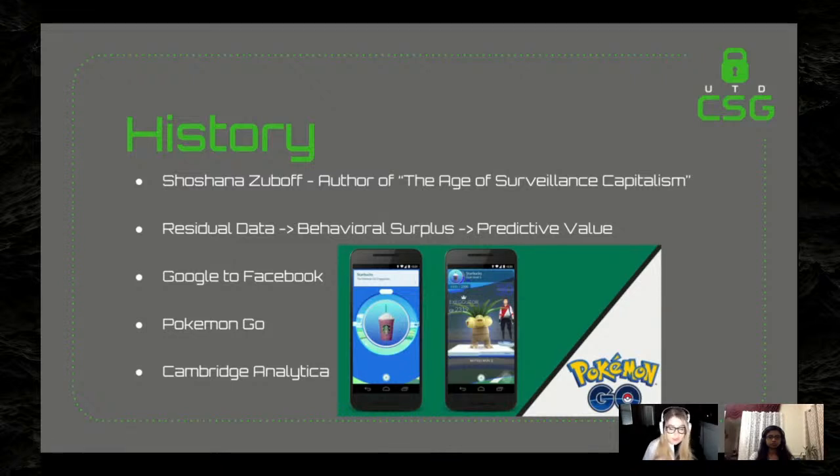And so this data was being sold from third party to third party to third party. And an important thing to note is that after this data is out of the original corporation, they no longer have responsibility for it. So they say whatever the third party does is not their responsibility.